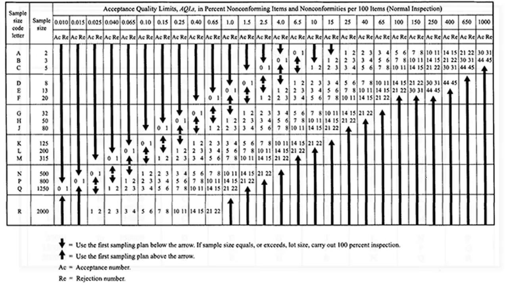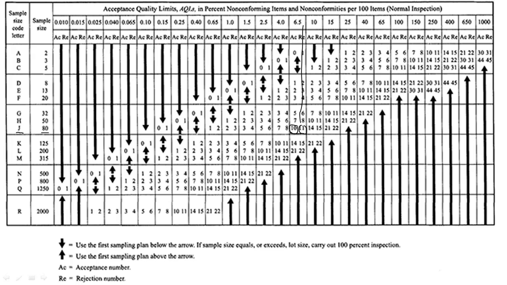From this letter we will find that against J there is a sample size of 80, and the acceptance number at 6.5 AQL is 10 and the rejection number is 11.